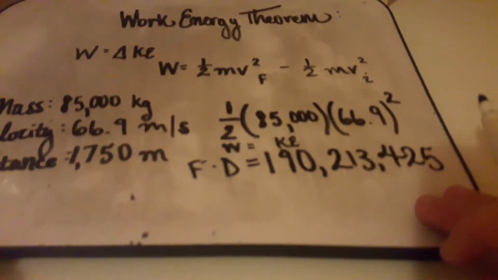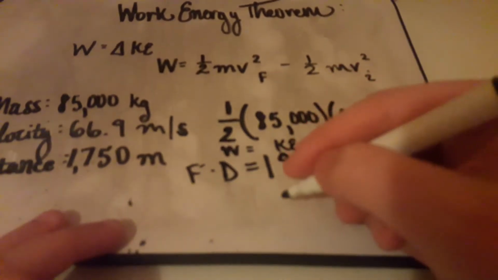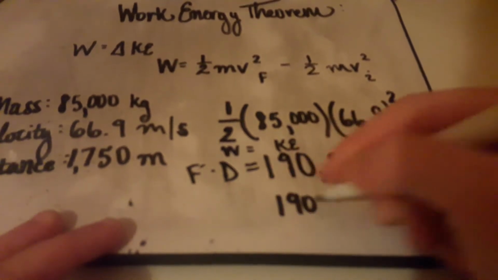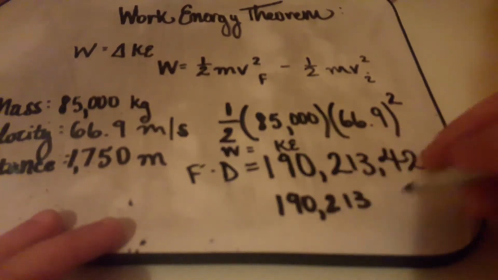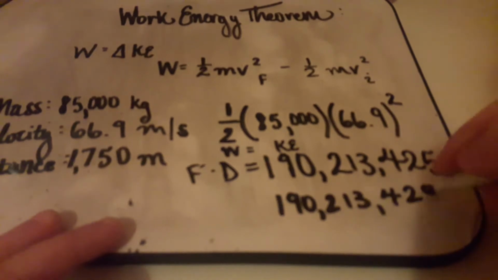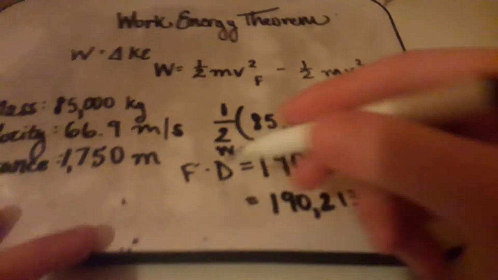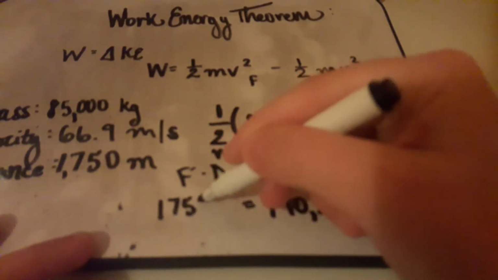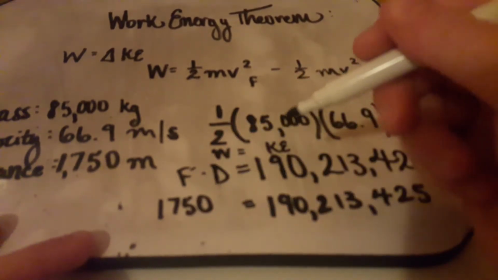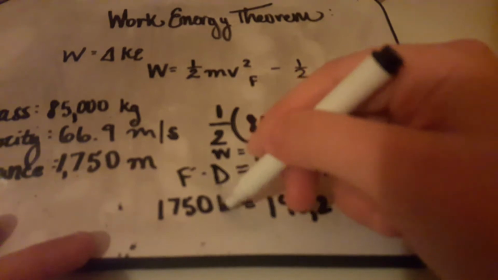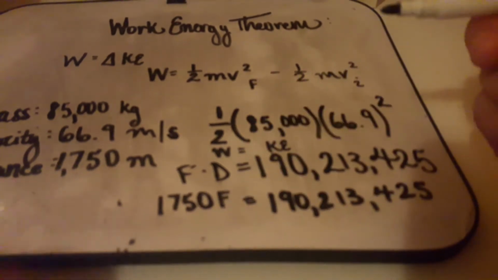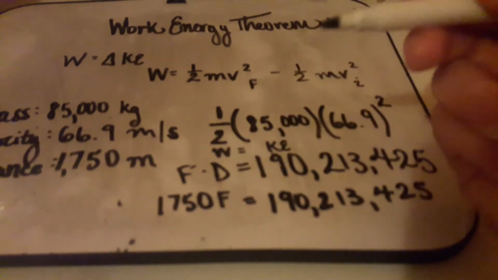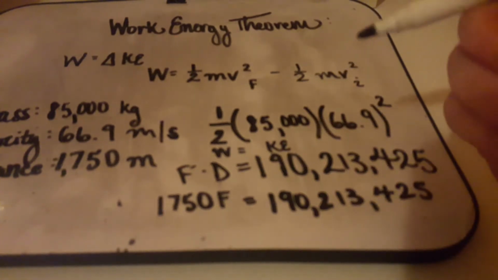So we're going to put this number back down here. And since we don't have the force, we're going to have the distance times the force right there, because we don't know. It's a variable that we have to solve for.